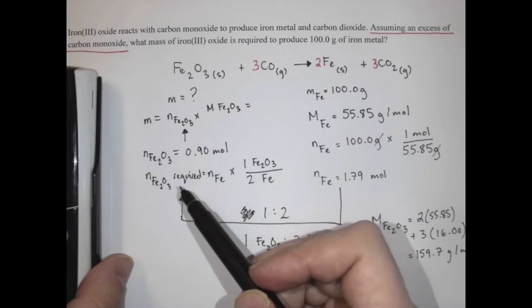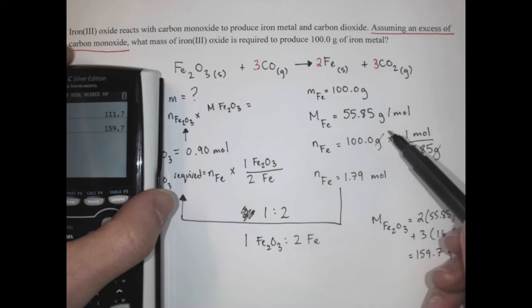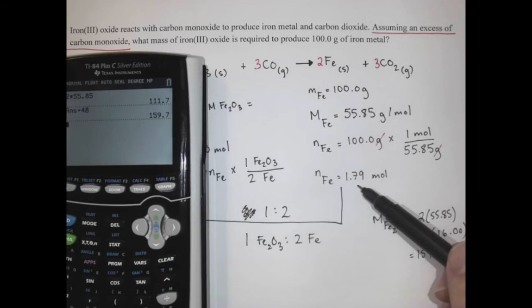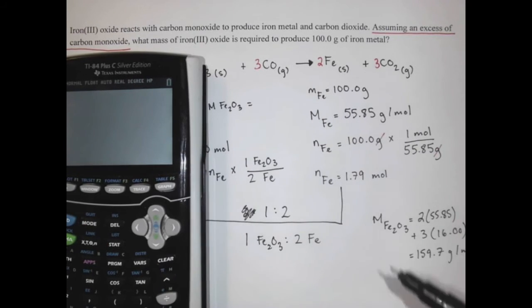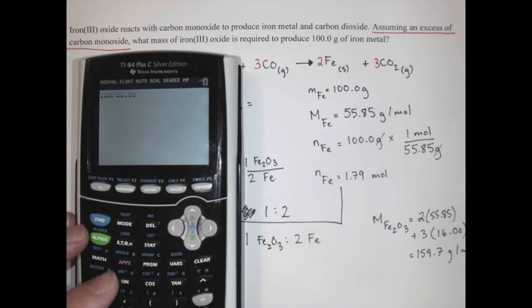So now let's go back and recapture that number. So first we figure out our moles of iron. So 100 over 55.85. There's our moles of iron. We divide this number by 2 to get our moles of iron 3 oxide.